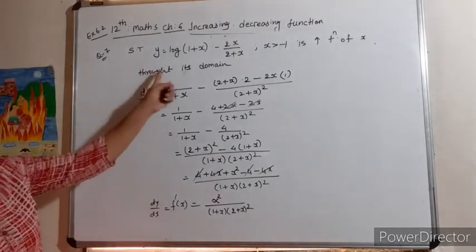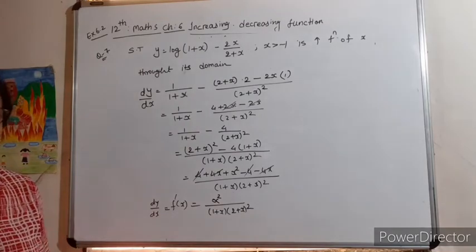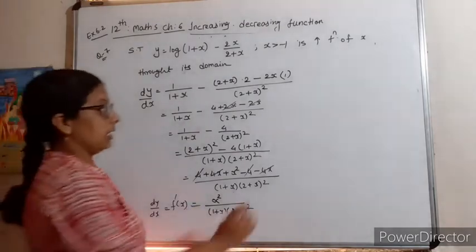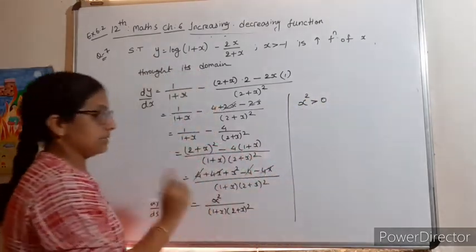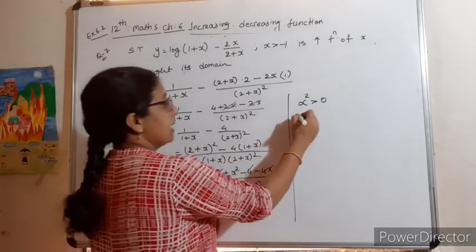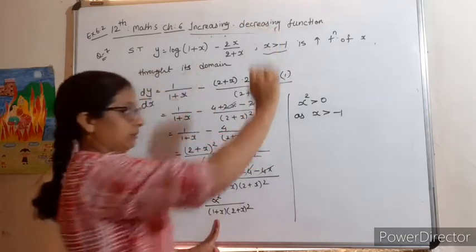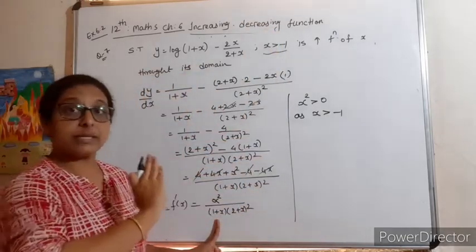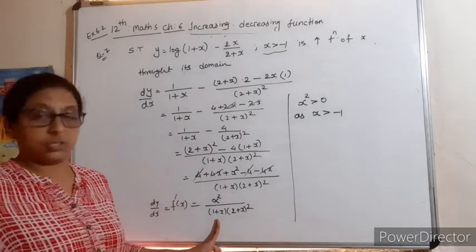Now you have to prove throughout its domain it is increasing. तो f dash x greater than 0 हो जाना चाहिए. So here बोलो, x square is always greater than 0. Yes or no? Yes. Now as x is greater than minus 1, अगर वो minus 1 से greater है तो उसकी वैल्यू 0 and onwards होगी.